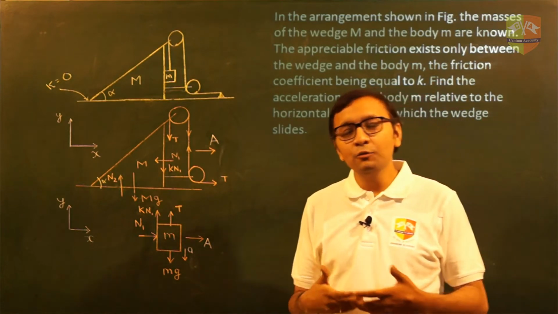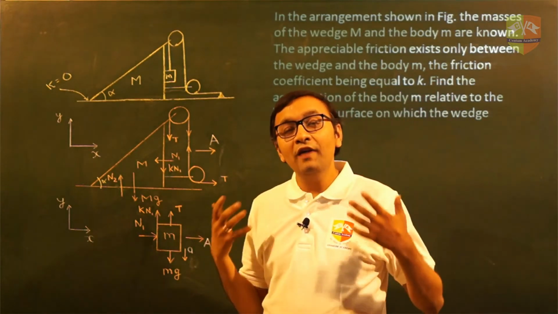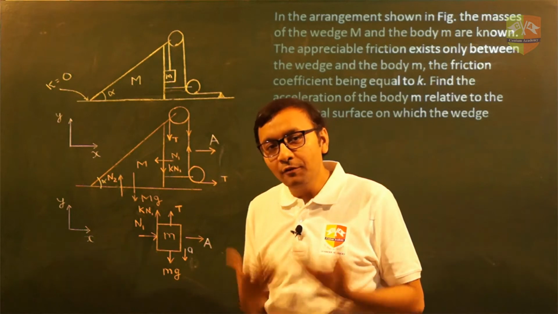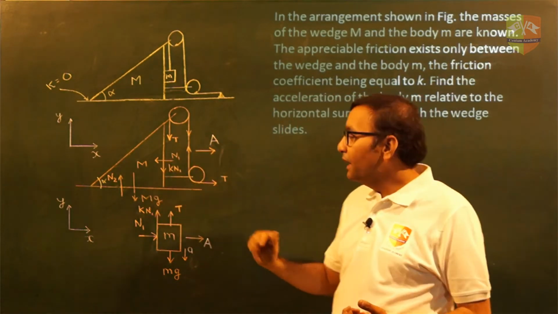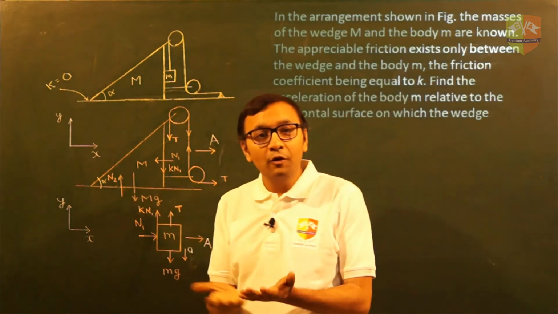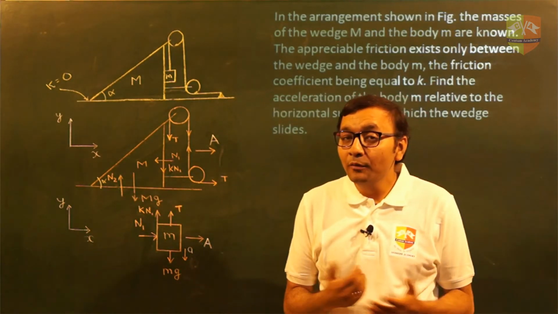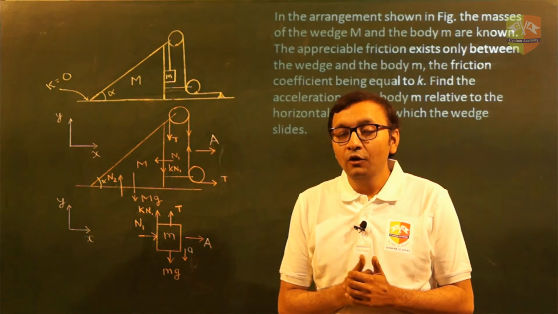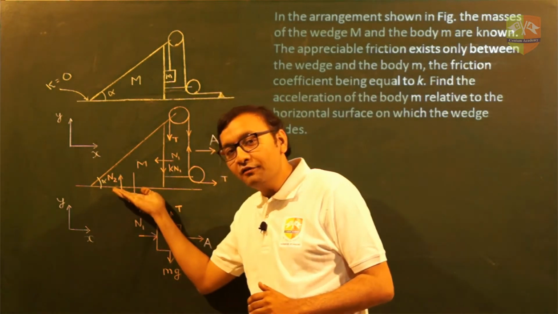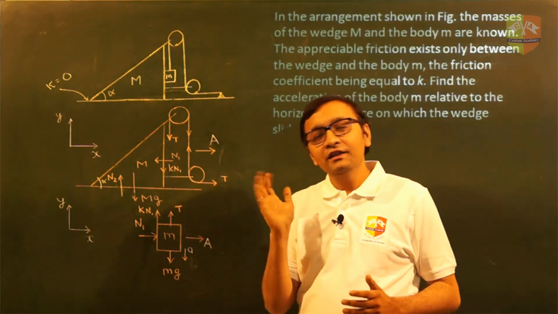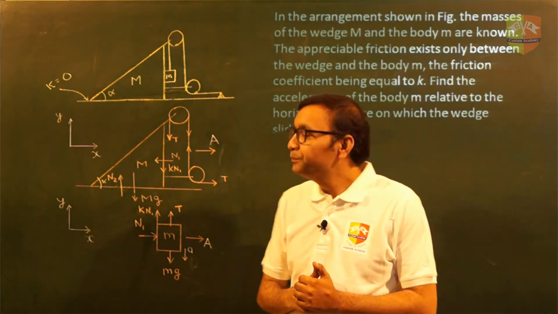The earth is assumed to be flat, and the direction of mg, which is the gravitational force, will be downward, right? So that is why mg is downward, and then there will be a normal reaction from the surface. Which direction will the normal reaction be? Normal force always pushes. So the horizontal surface will push the wedge in the upward direction, right?